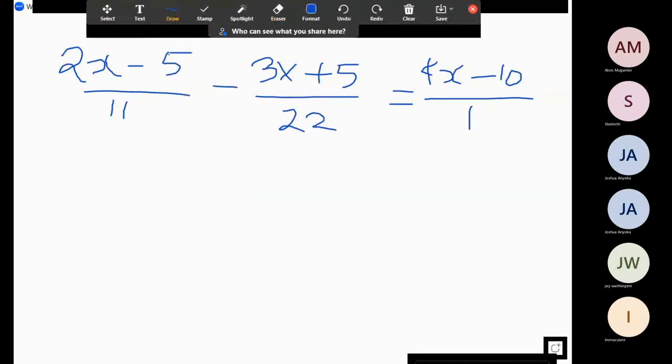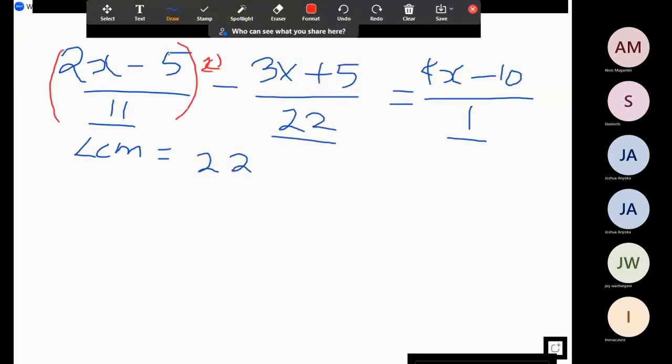So we said LCM. LCM of 11, 22 and 1 is 22. Multiply by the LCM, 22, 22, 22. Then this step I said is very crucial.